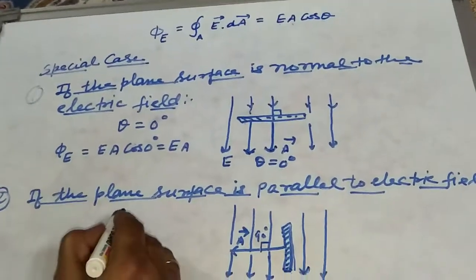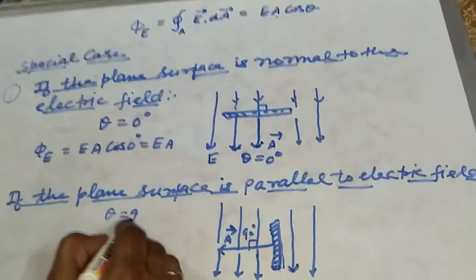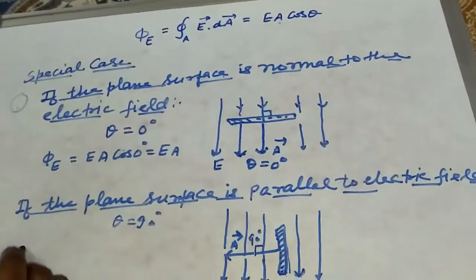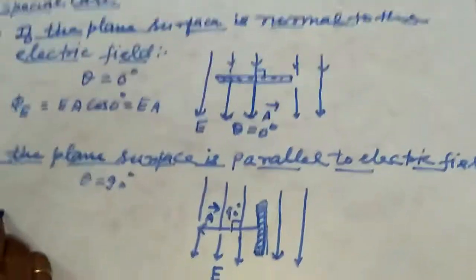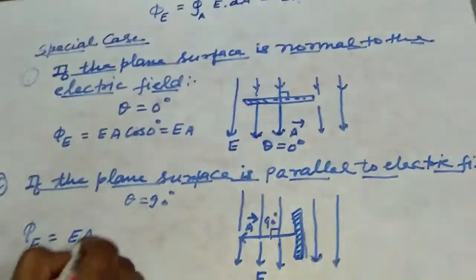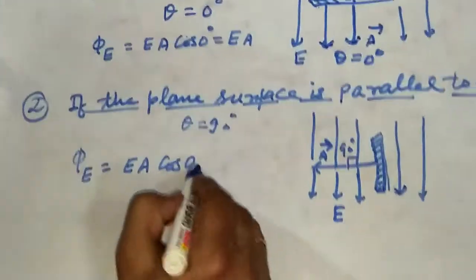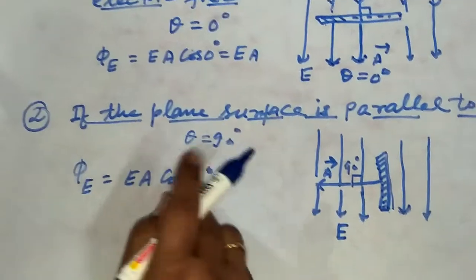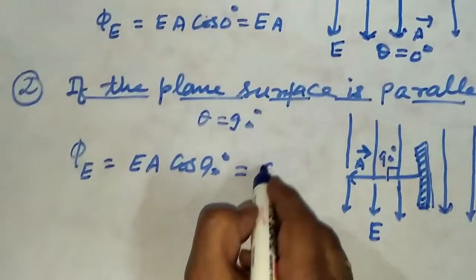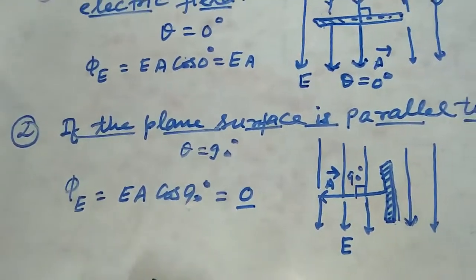It means in this case theta is equal to 90 degrees, and the electric flux passing through that surface is E A cos 90, and as you know cos 90 is equal to 0. So in this case the electric flux becomes 0.